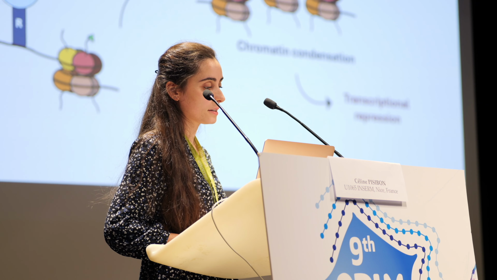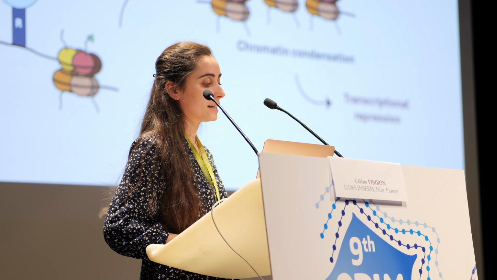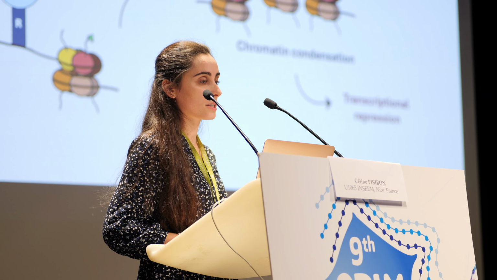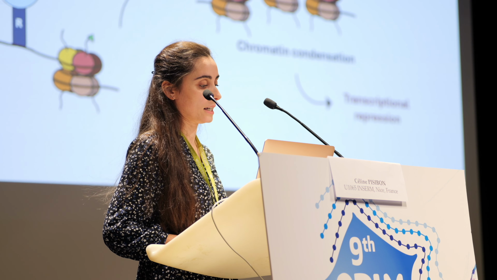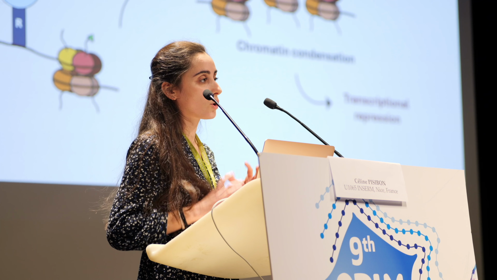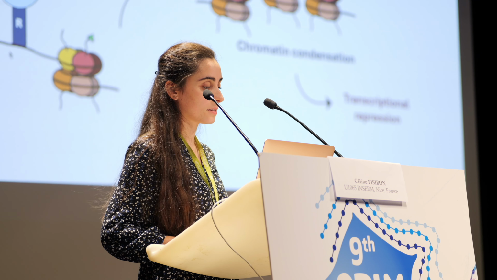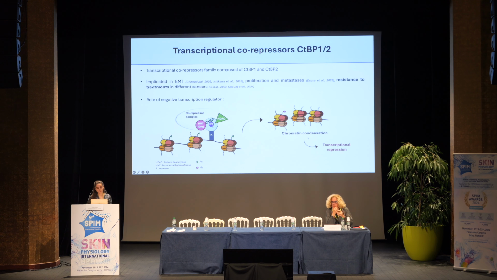How they work: CTBP1 and 2 can interact with epigenetic players, histone modifiers, such as histone methyltransferases, as we saw before, G9A, and this forms a co-repressor complex that, associated with a repressor, will induce chromatin condensation and transcriptional repression.